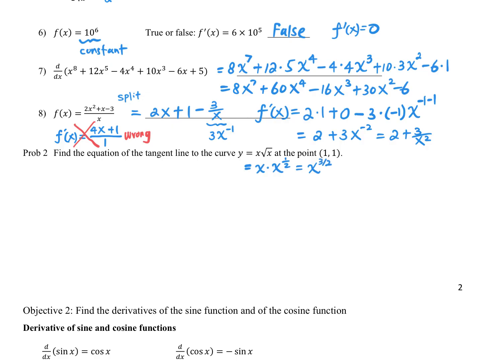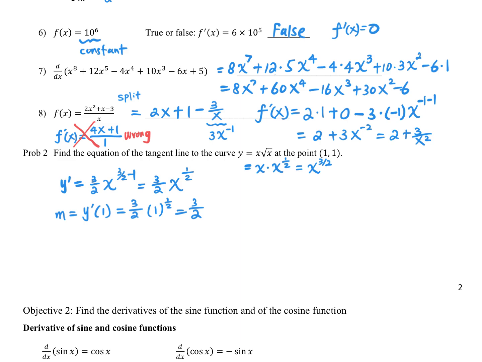So let's find the derivative of x to the 3/2. The derivative is equal to 3/2 times x to the 3/2 minus 1, which is 3/2 times x to the 1/2. Now the slope, which is the derivative at x equals 1, is equal to 3/2 times 1 to the 1/2, which is 3/2.